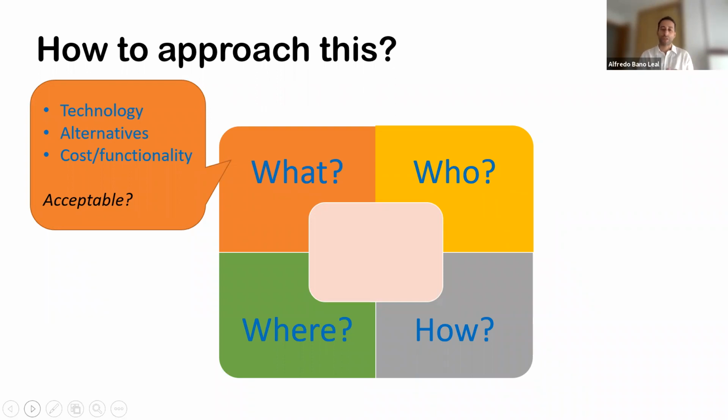What is the cost of those things? What is their functionality? So from the what, we already have to start thinking, how are we going to be able to bring this to the market and to sell it? We can come up with a perfect technical idea, but that might not be something we can use.